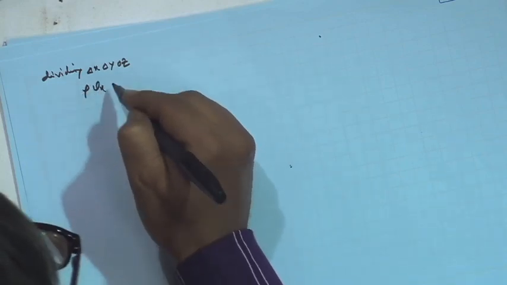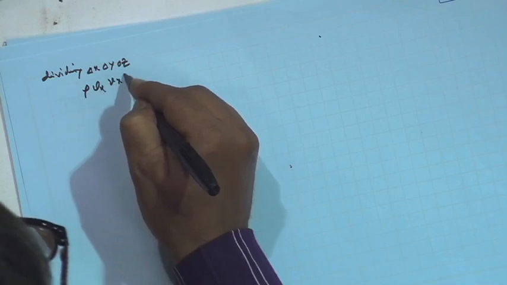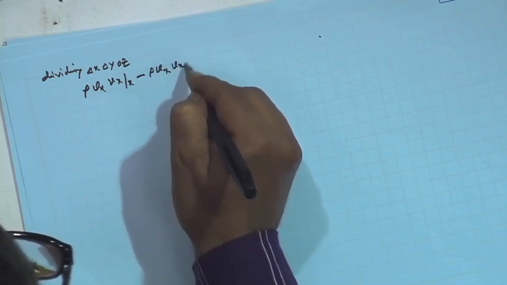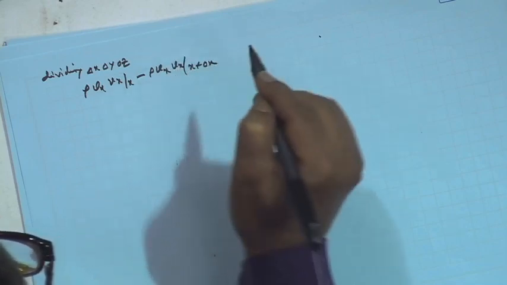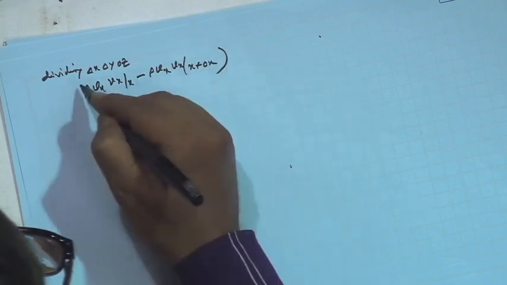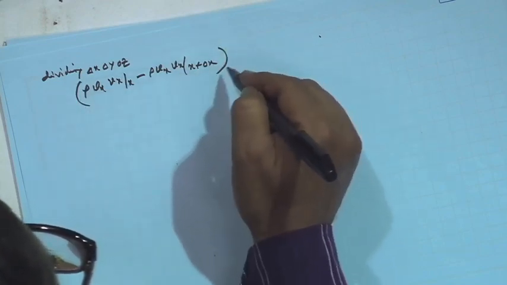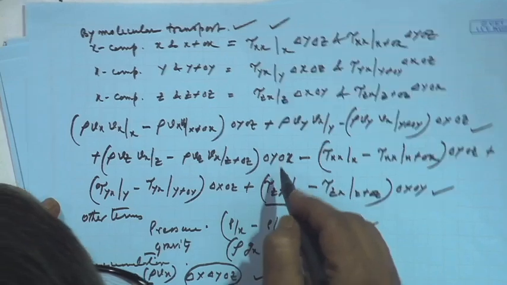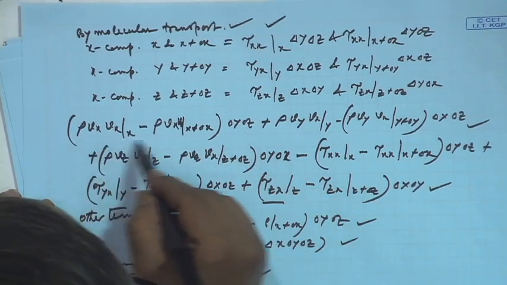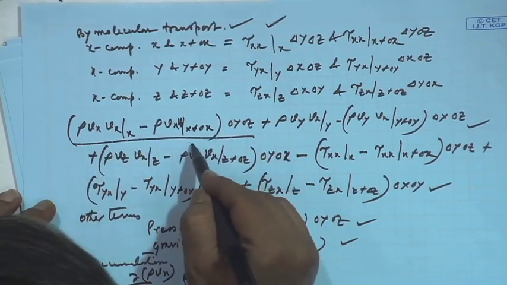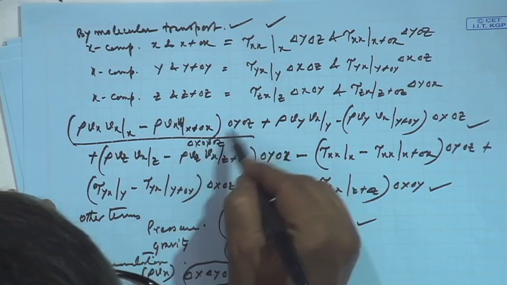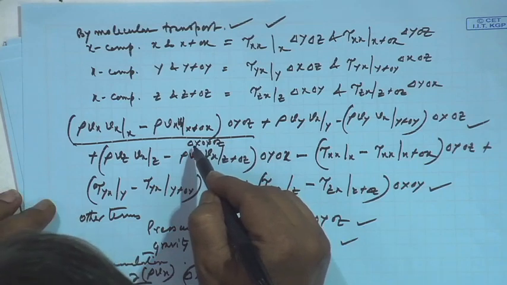rho Vx into Vx at x minus rho Vx into Vx at x plus delta x, right. This is divided by del x, del y, del z, and on the top we had del y, del z. So, dividing by del x, del y, del z, we take off del y, del z, it remains del x, right.